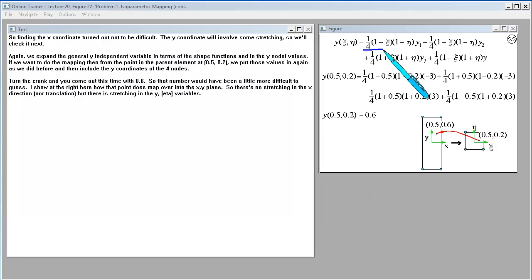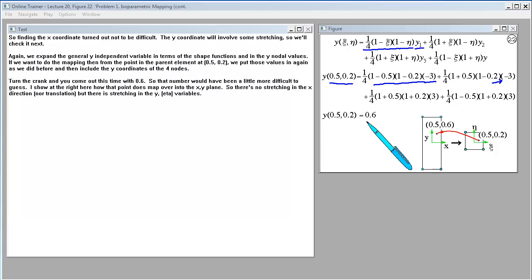Again, we expand the general y independent variable in terms of the shape functions and in the y nodal values. If we want to do the mapping then from the point in the parent element at 0.5, 0.2, we put those values in again as we did before, and then include the y coordinates of the 4 nodes.